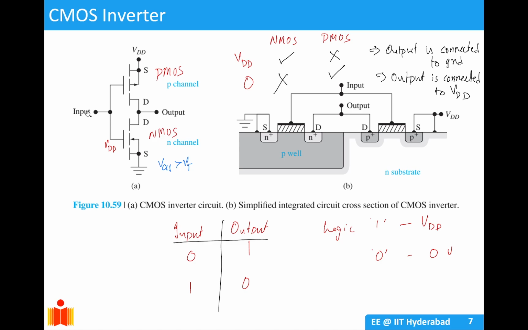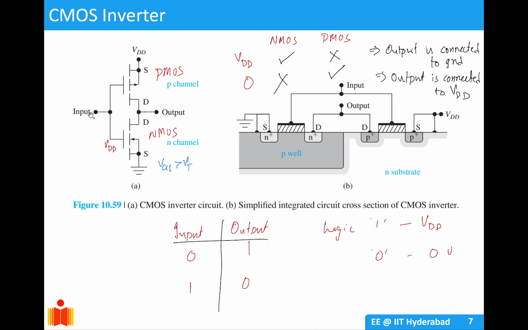So when I'm giving a zero at my input, the PMOSFET is on and my NMOSFET is off. So there's no connection between my output and ground, but there's a connection between my output and VDD. So the voltage at the output is almost equal to VDD.